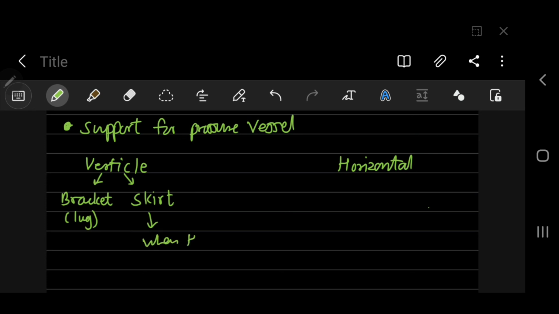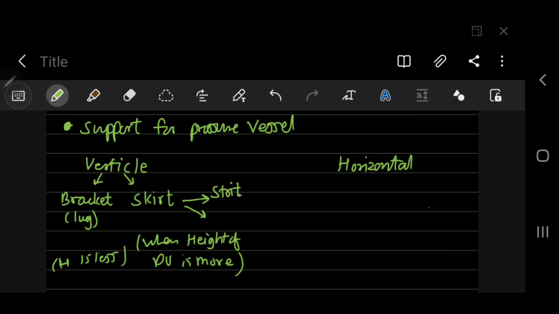When the height of the pressure vessel is less, at that time we use bracket or lug support. Okay. This skirt support is again subdivided into straight skirt support and angular skirt support.